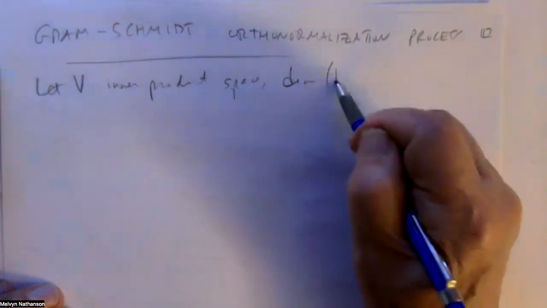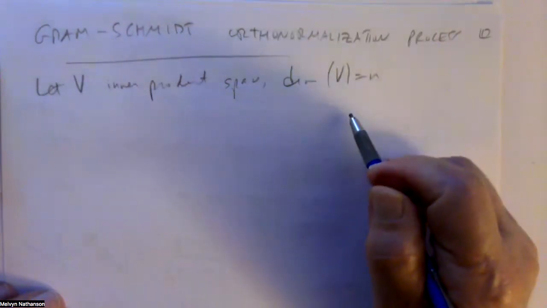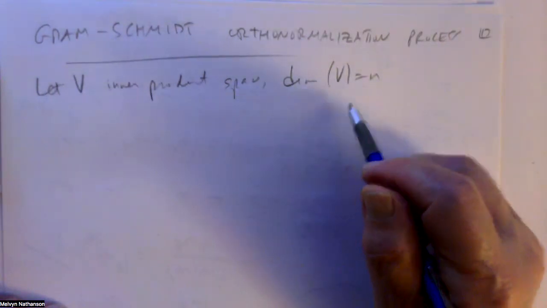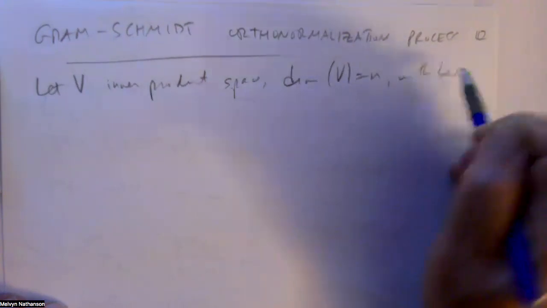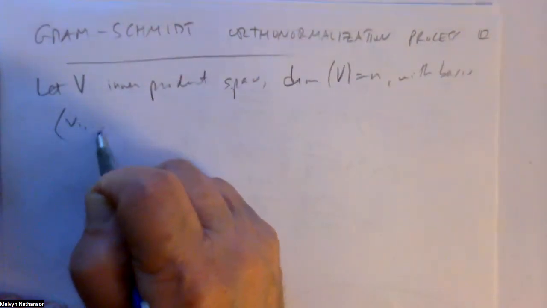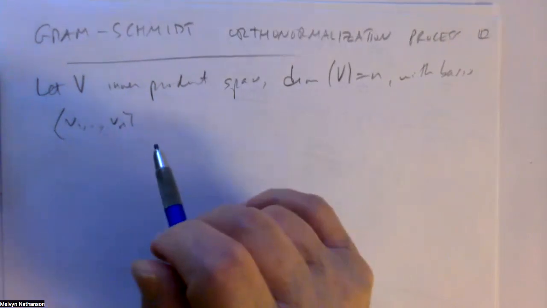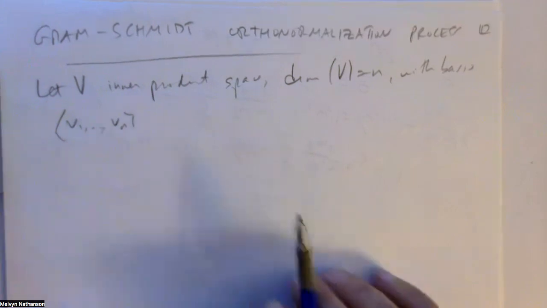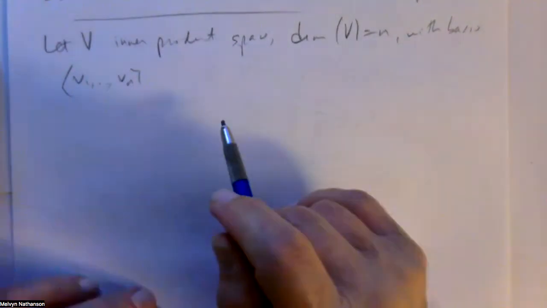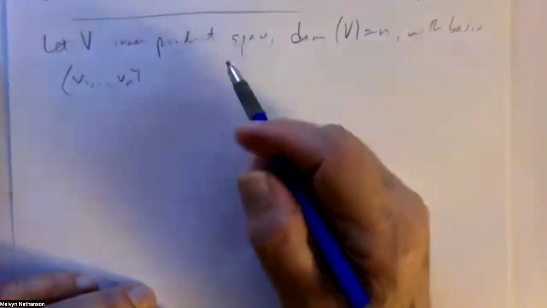So the dimension of V is some positive integer n, with the basis V_1 up to V_n. Every vector space of dimension n has a basis with n vectors. So take any basis, fix a basis.